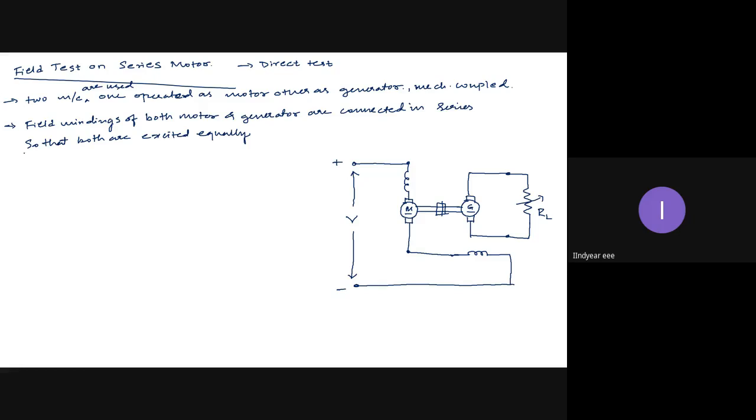Here we can write: iron and mechanical losses of both machines are made equal.